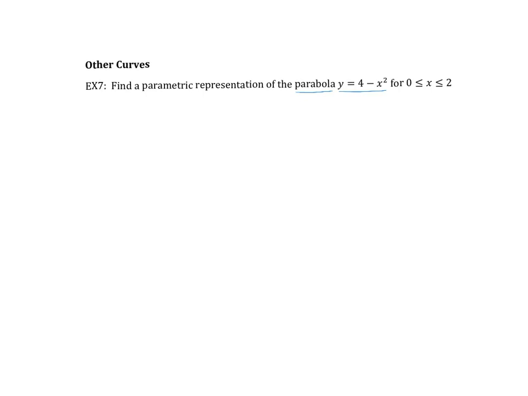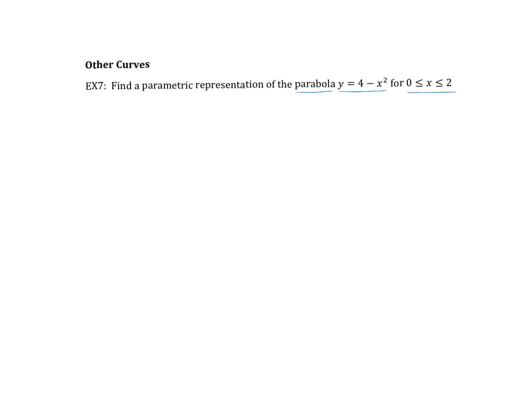Again, there's more than one way to do this, but what I do is I look at my interval if it's given to me, and this interval says the x values are going to go from 0 to 2. So remember, our idea is to break this equation up into an x value written in terms of t and a y value written in terms of t.